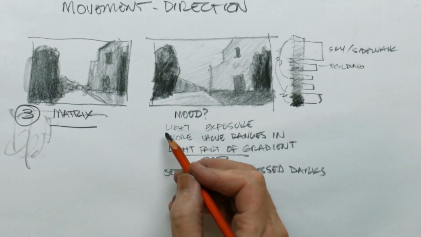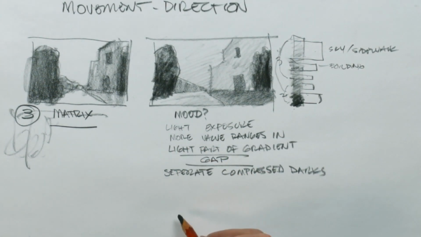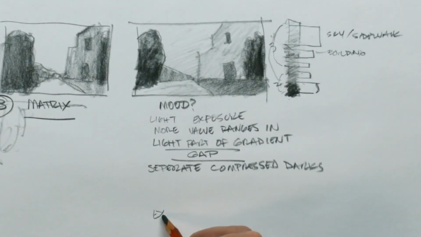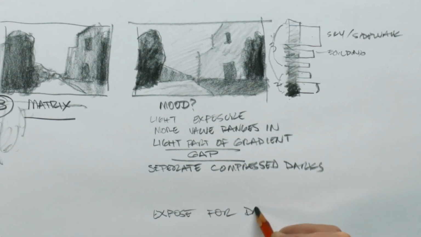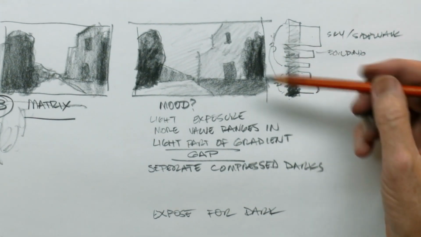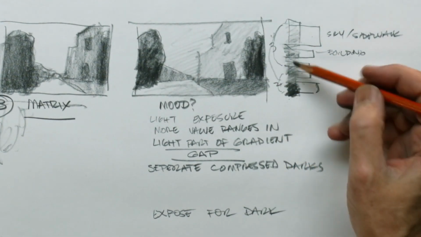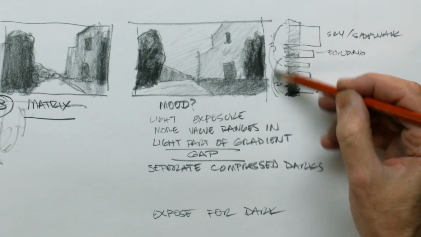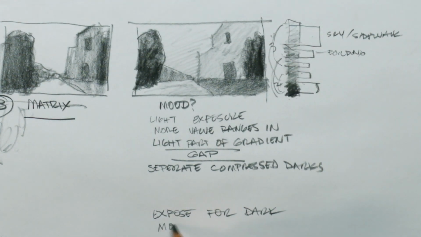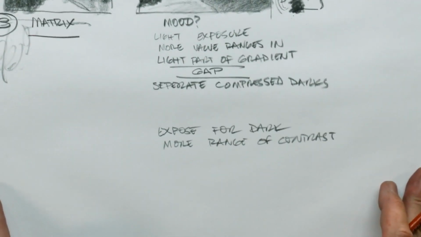Now, if you're going to expose for the dark, if I go down here, you're going to see more detail in the dark end, right? You'll see a little bit more detail and a little more contrast in these darker values. So you might have more range of contrast in the low end. Okay, I'm going to slide this up.